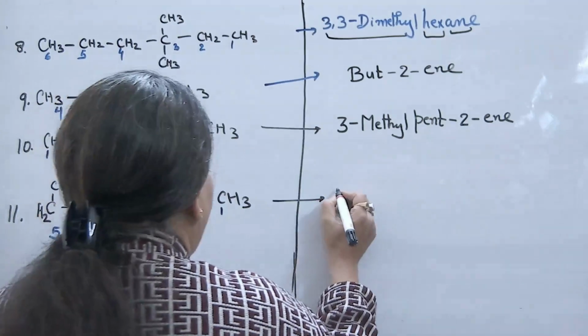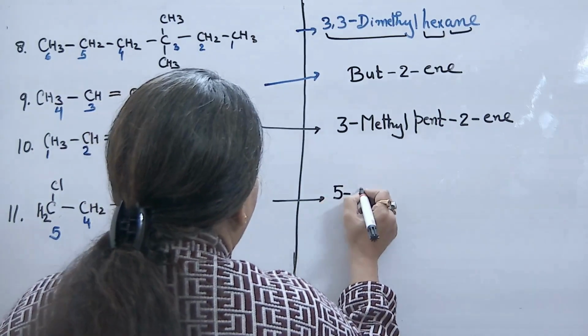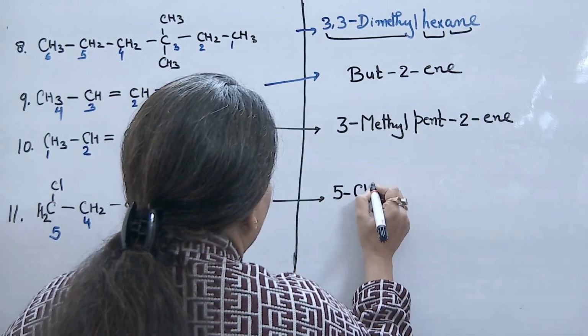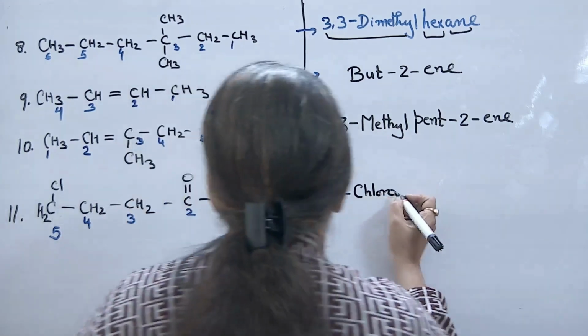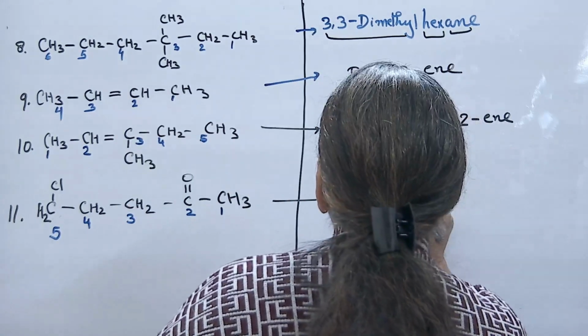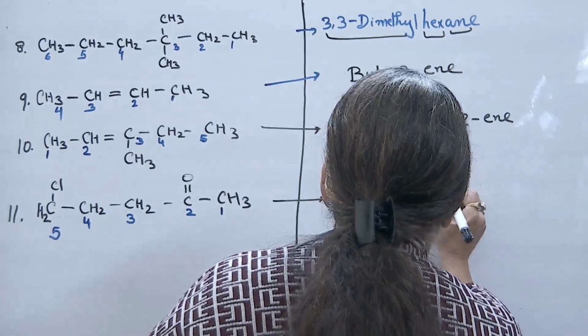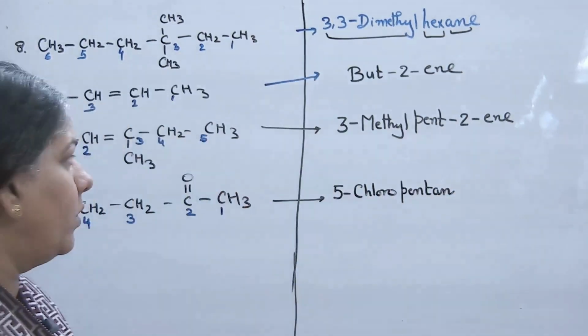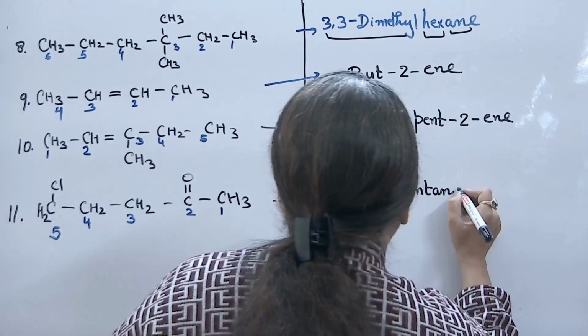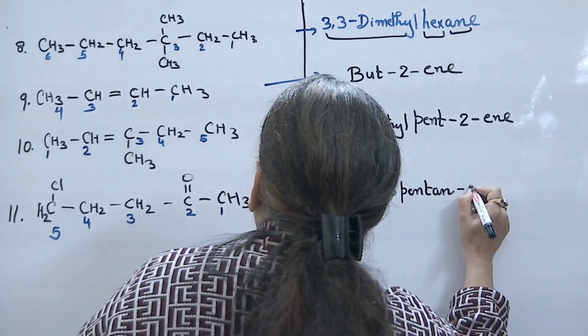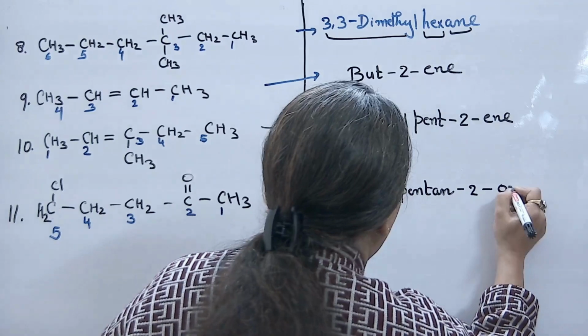So the name will be 5 dash chloro पेंटेन. सो पेंटेन का ई रिमूव होगा, पेंटेन टू ओन.